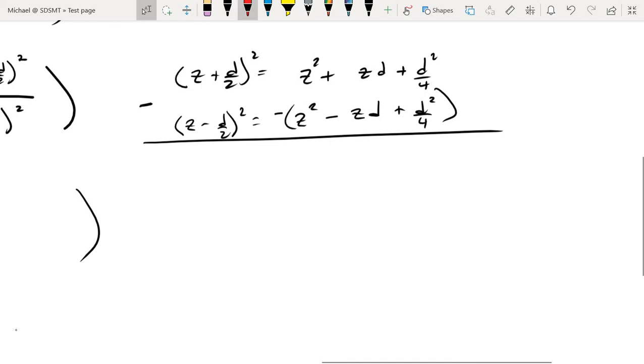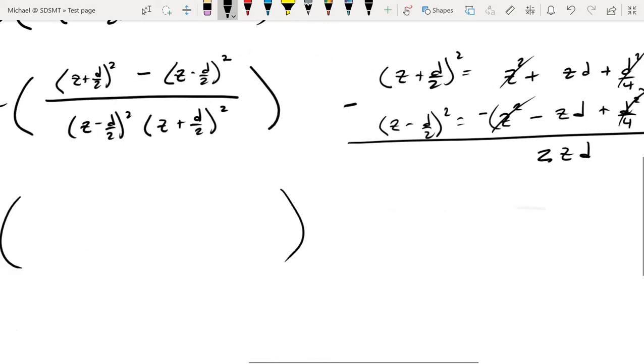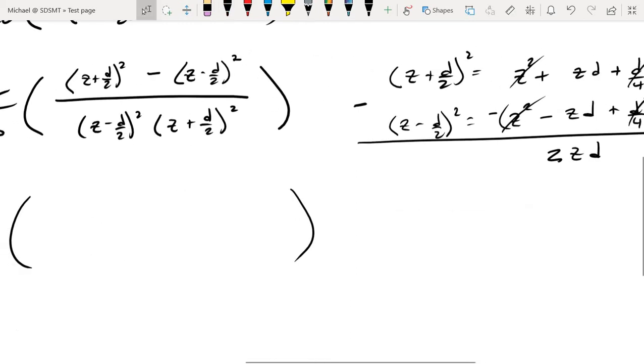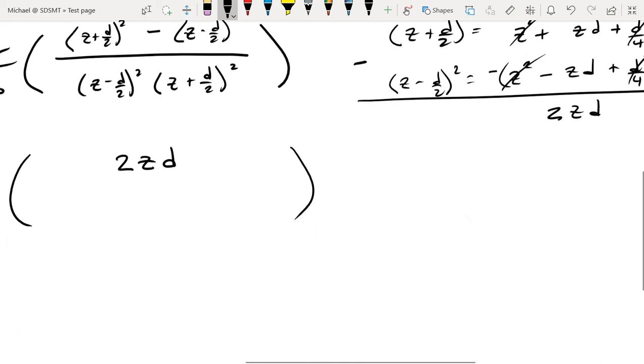When that happens, we have z squared minus z squared. Those are gone. We have d squared over 4 minus d squared over 4. That's gone. We have zd minus a negative zd, so that's a 2zd. So the whole top has collapsed down to that. But then we still have the bottom.